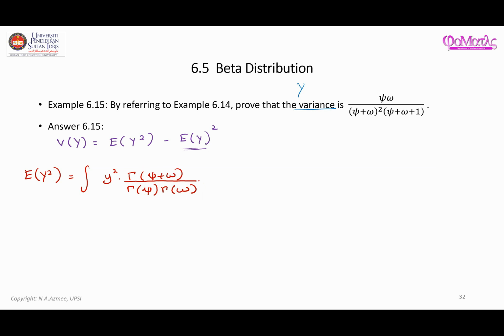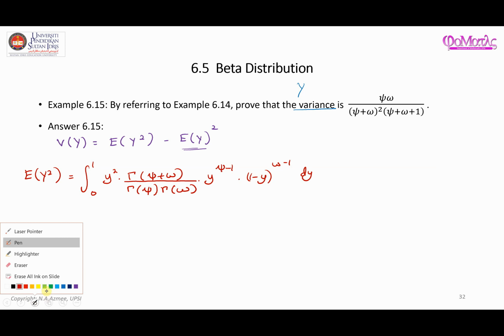You just have to be patient about it, okay? Y and then psi minus 1, 1 minus y, omega minus 1 with respect to dy from 0 to 1. And again, you can see that this part here is a constant. You can take it out from the process.